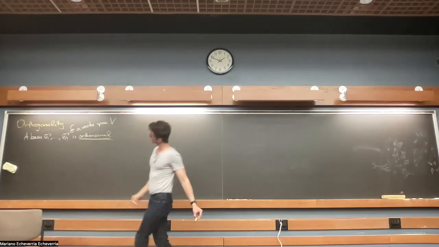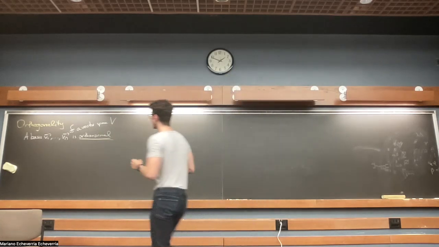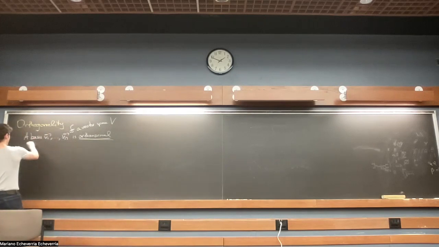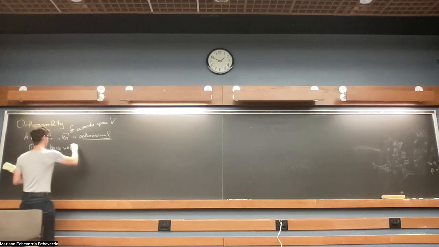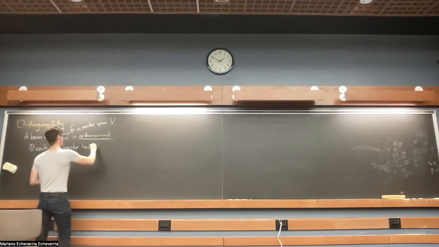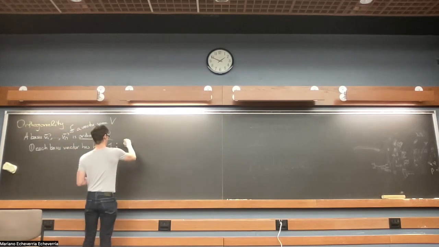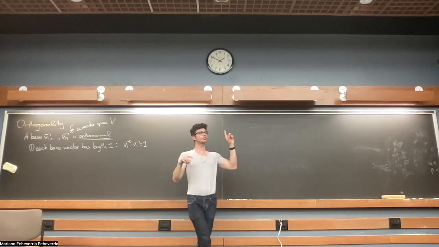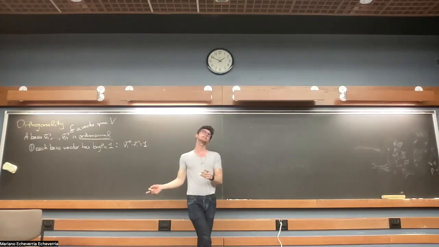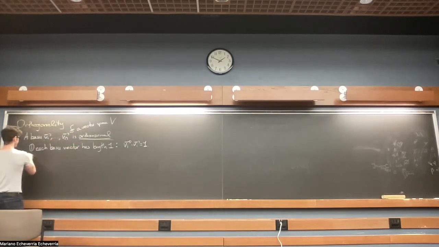The property for an orthonormal basis was that each basis vector has length 1, right? And that if you choose two different vectors from the basis, they are perpendicular. So any two different vectors from the basis are perpendicular.